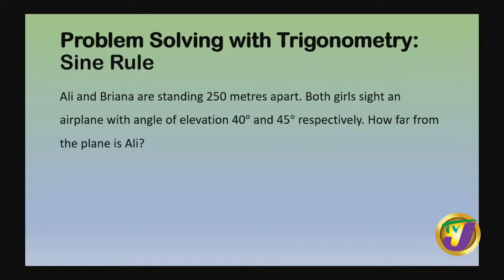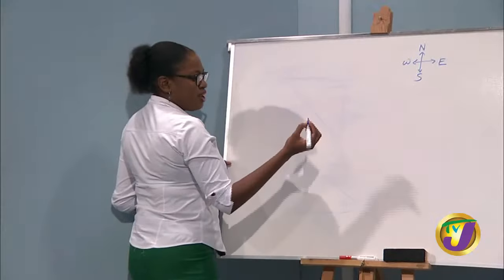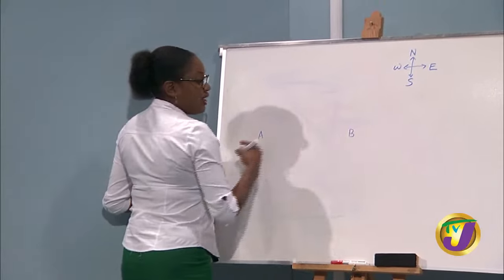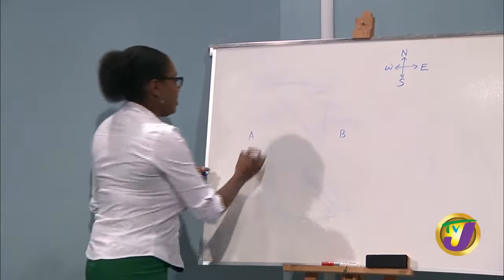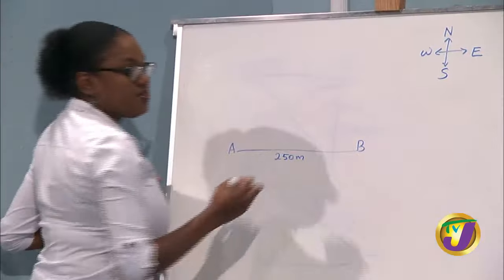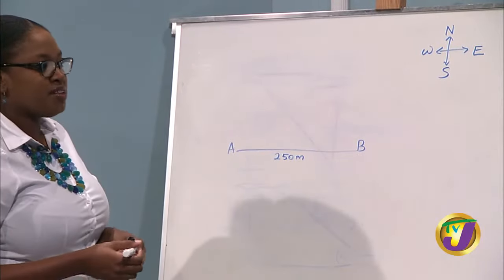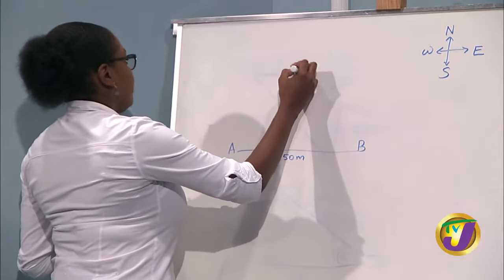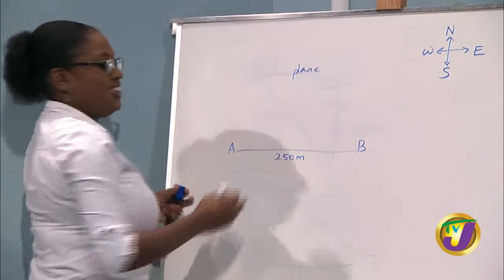I'm going to do a quick sketch. So I'm going to just write A and B for Ali. Yes. So Ali and Brianna, they're standing 250 meters apart. So they're looking at a plane. Yes, elevation. So I'm just going to write plane. I'm not going to attempt to draw it. No, please.